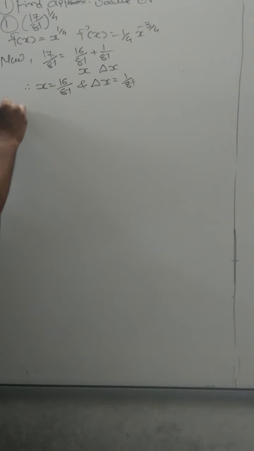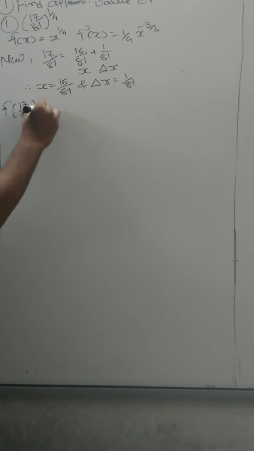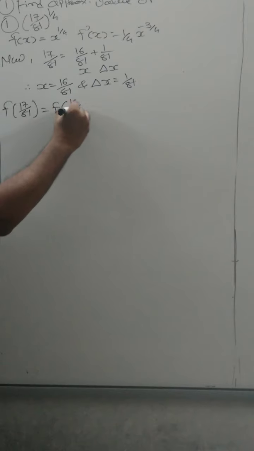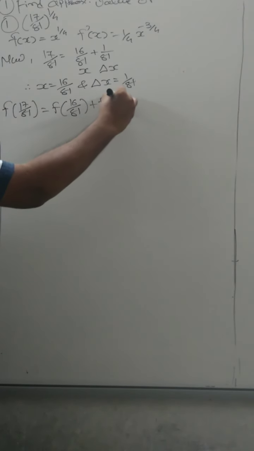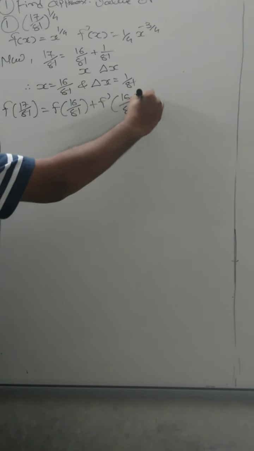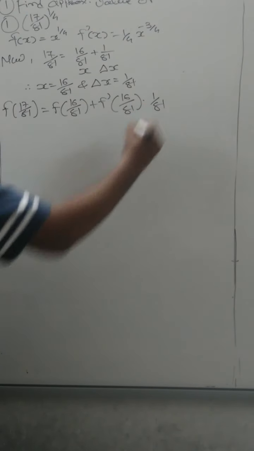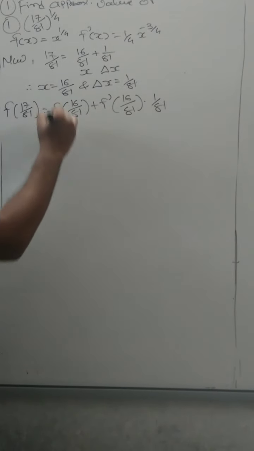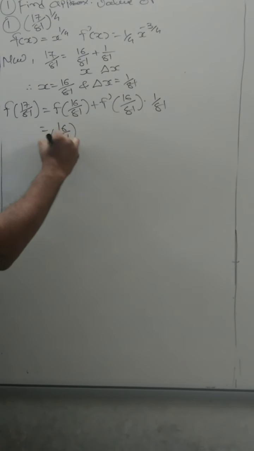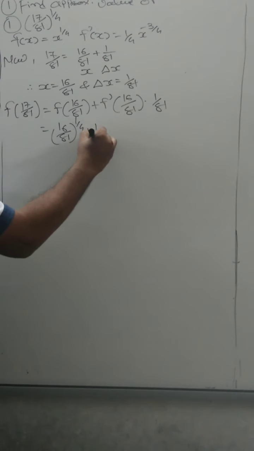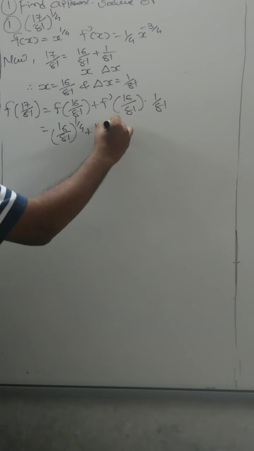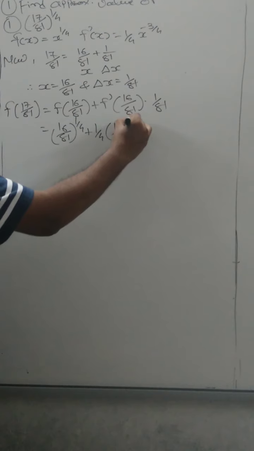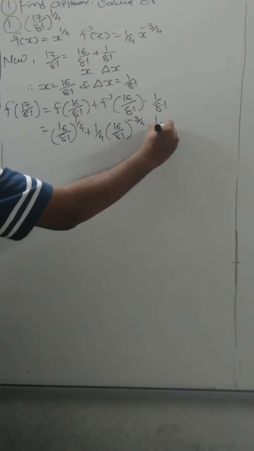So now f(17/81) is equal to f(16/81) + f'(16/81) into delta x, which is 1/81. We know the formula: f(x + Δx) = f(x) + f'(x)Δx. Now this is (16/81)^(1/4) + (1/4)(16/81)^(-3/4) × 1/81.